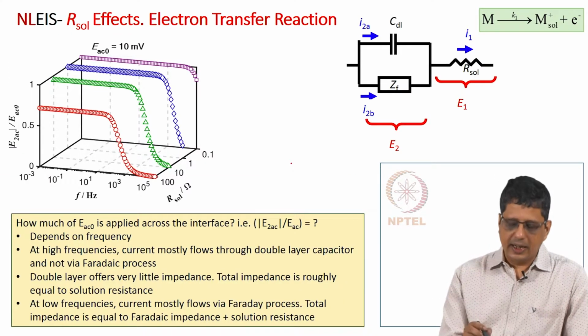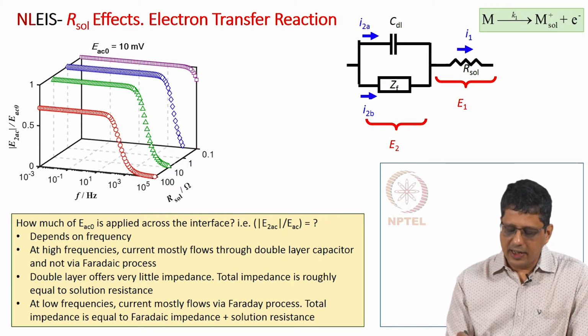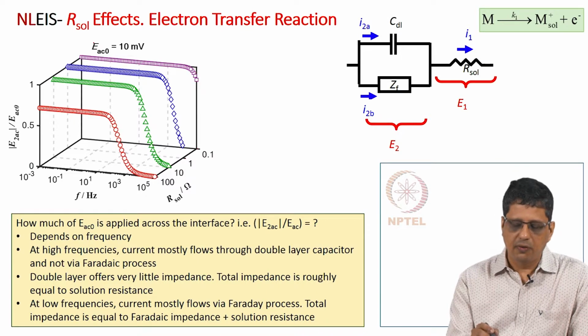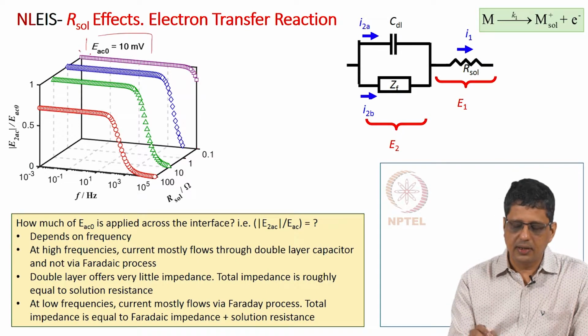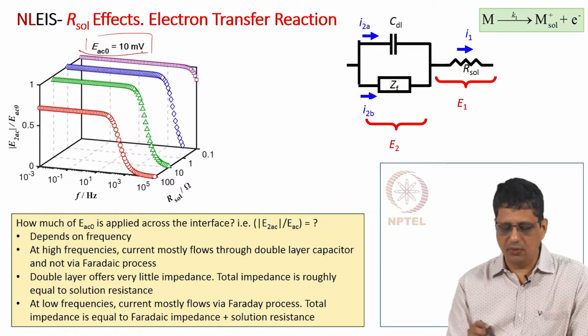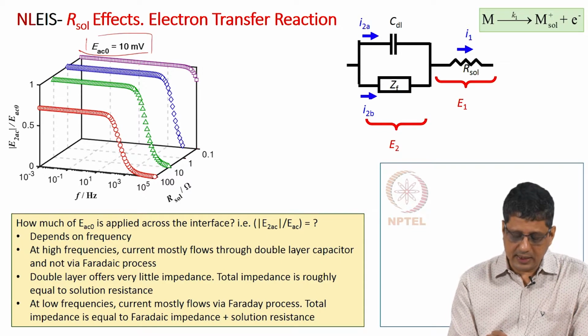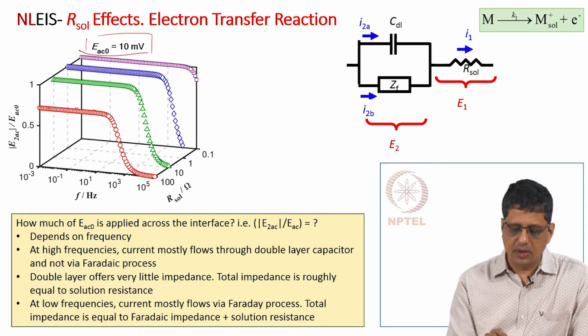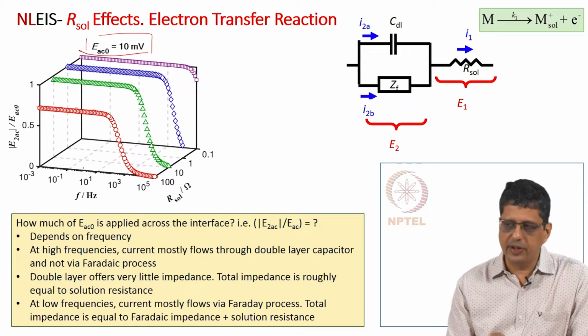Now, we can do the calculation for a variety of solution resistance values and for various frequencies. For one perturbation amplitude, 10 millivolts, this is what we see. At low frequencies, it is more or less independent of the frequency.